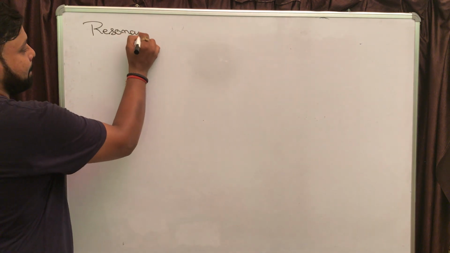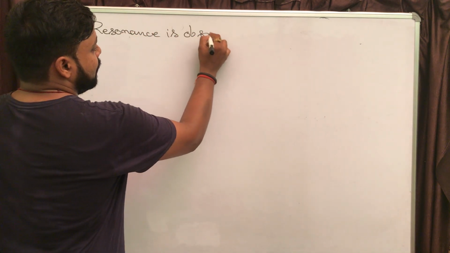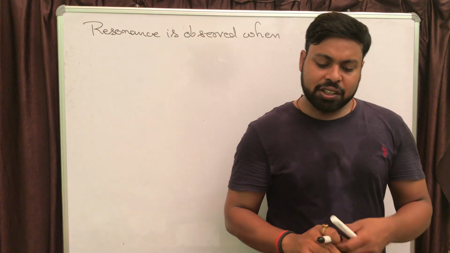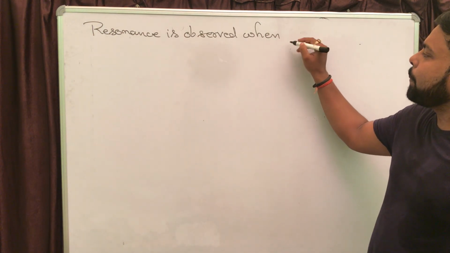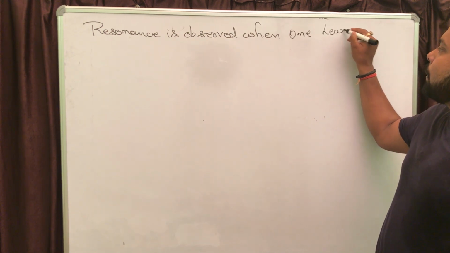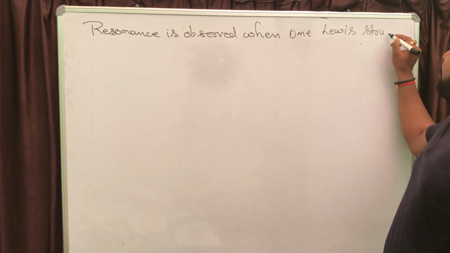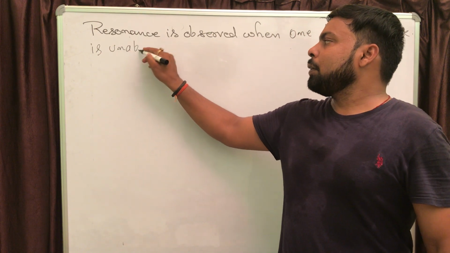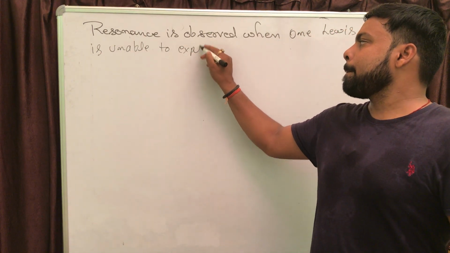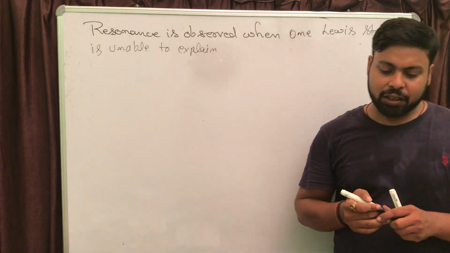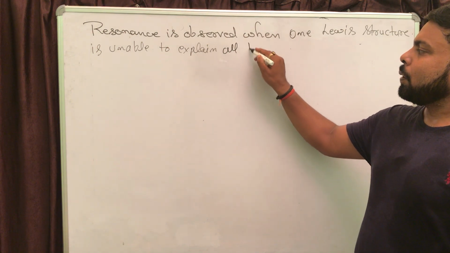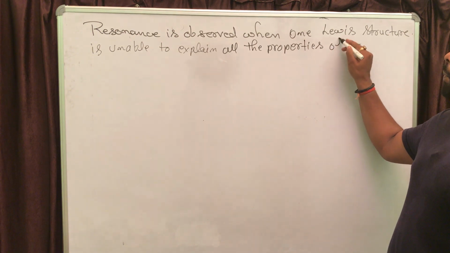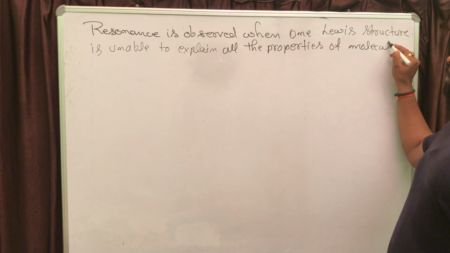Resonance is observed when one Lewis structure is unable to explain all the properties of a molecule.